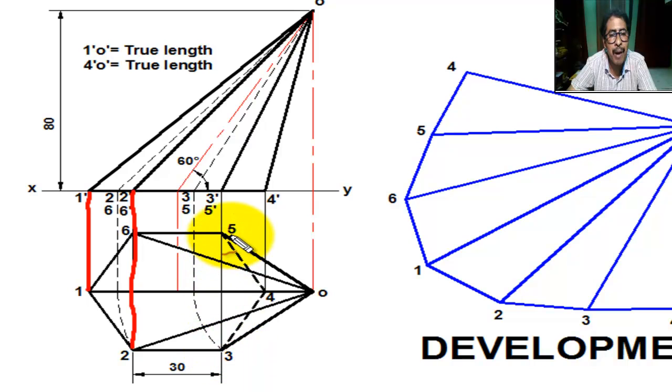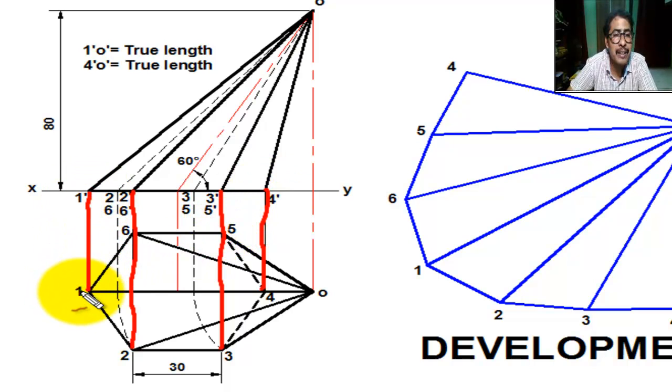From 3 and 5, draw vertical projection line up to XY line. From 4, draw the vertical projection line up to XY line.